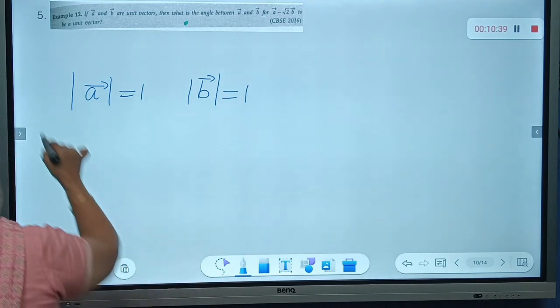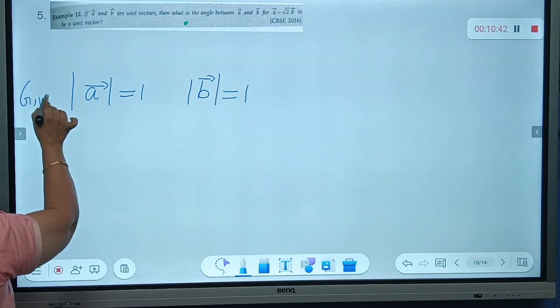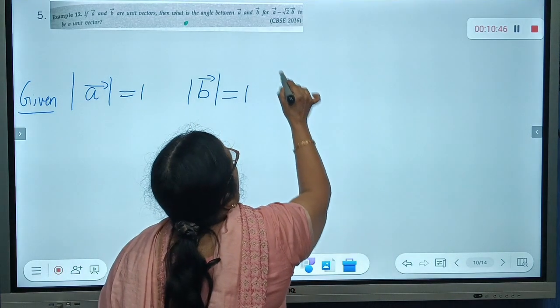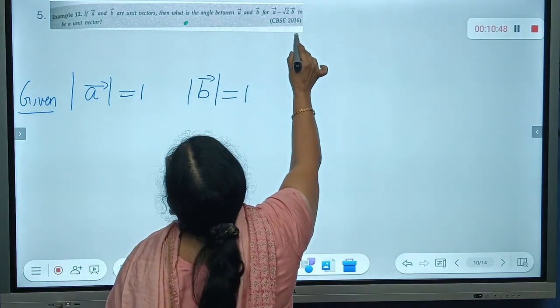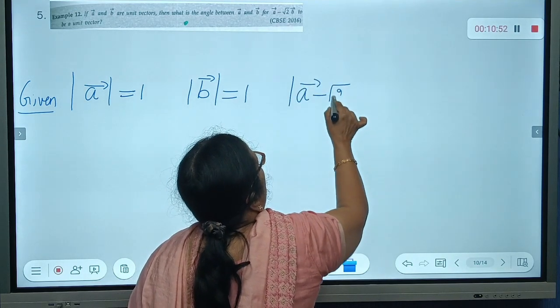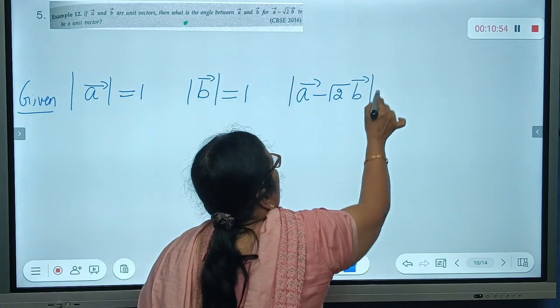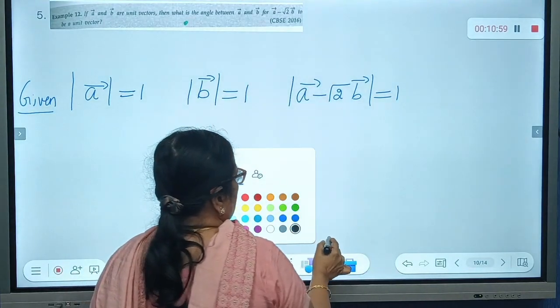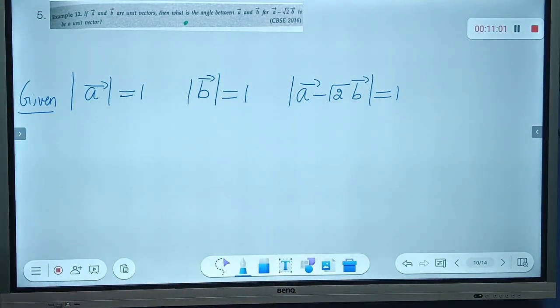What else is given? You are also given A vector minus root 2 B vector is a unit vector. So, modulus of A vector minus root 2 times B vector is equal to 1. Okay, this is the given information.